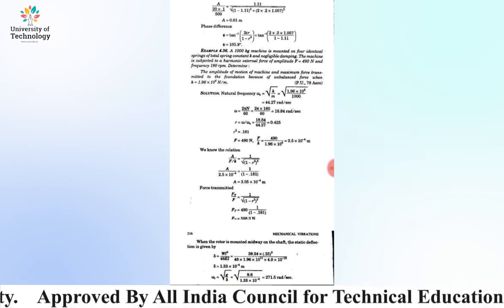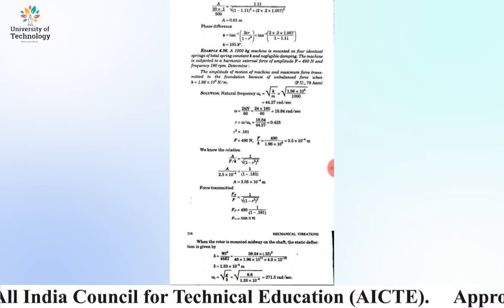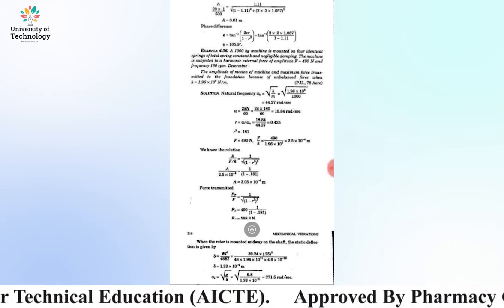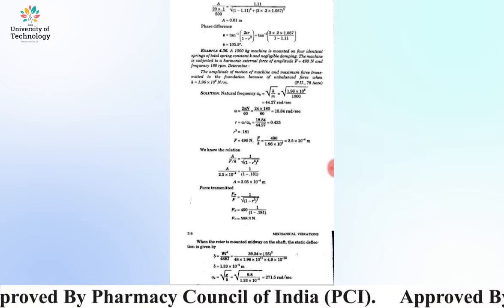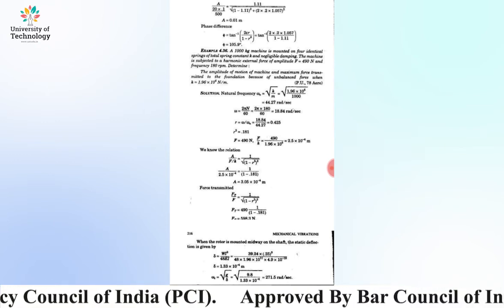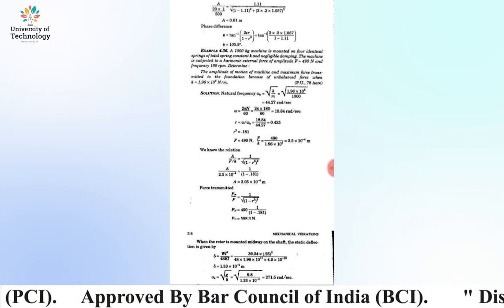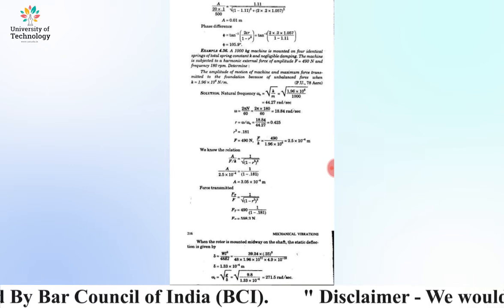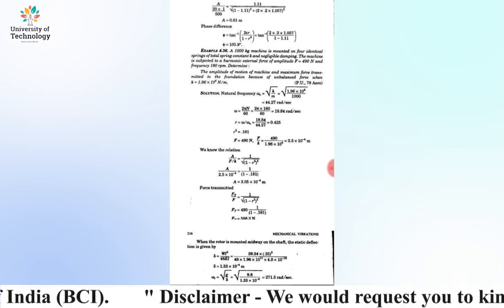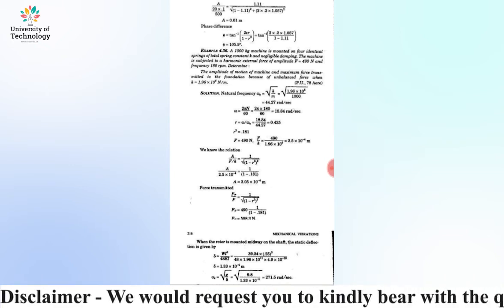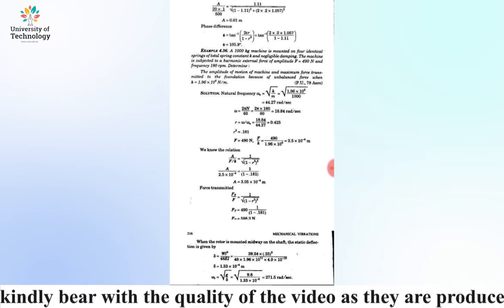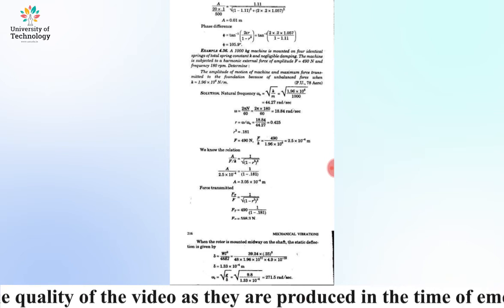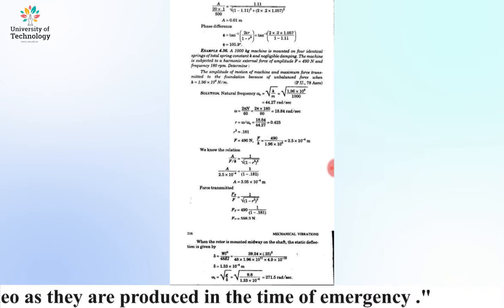For this, first of all, we have to find natural frequency omega n, that is equal to root K by M. By putting the value of K and M, we get the value of omega n, that is 44.27 radian per second, where omega is equal to 2 pi n by 60.